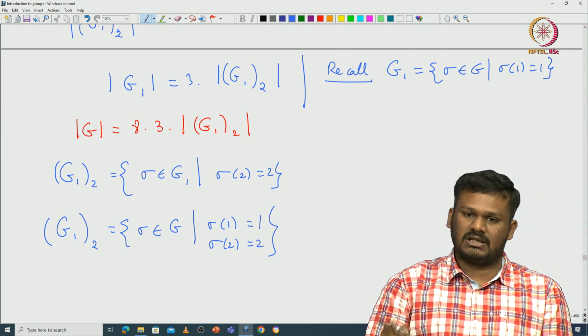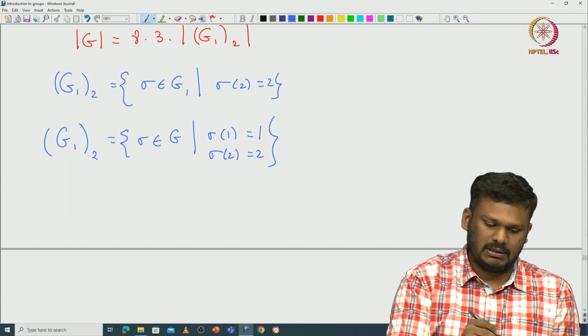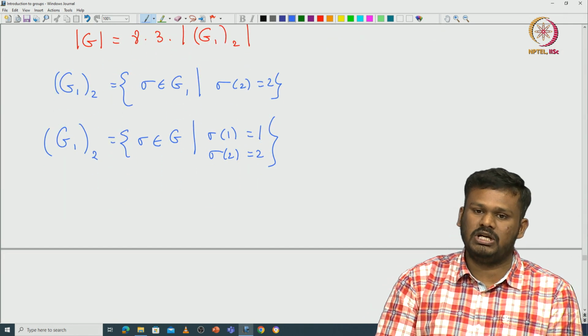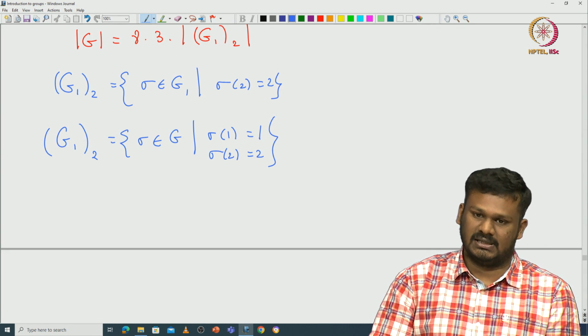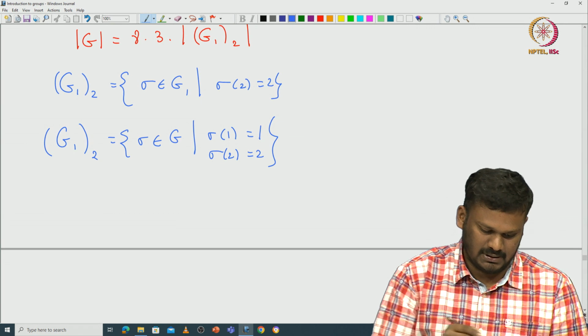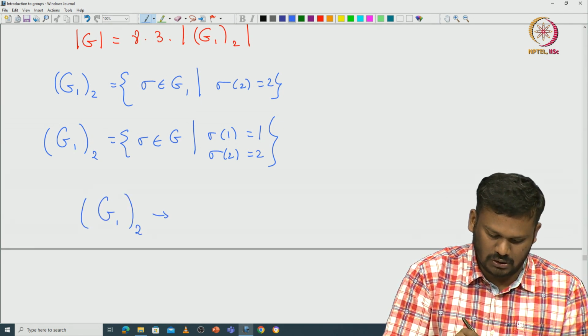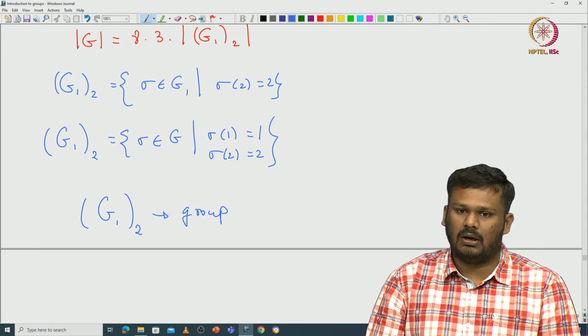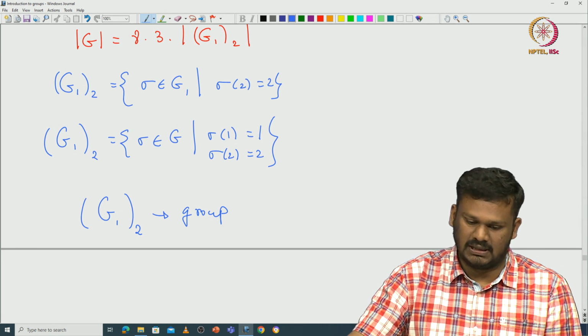So, it fixes both 1 and 2. Now take this particular group G12 and again make it act on these vertices and see what happens. Now we can look at the neighbors of 1 and 2 and see what happens.